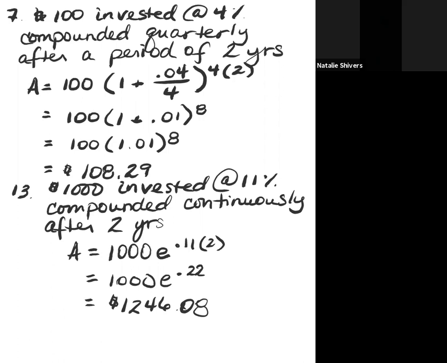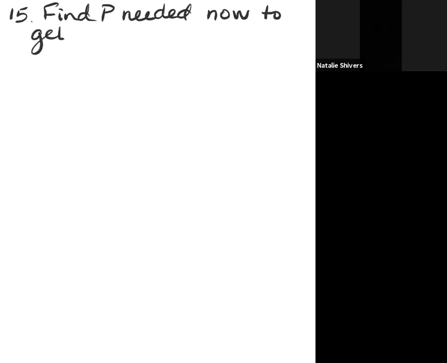All right. So another type of problem you'll see is to find P. Needed now to get $100 after 2 years. Here's that 2 years again.